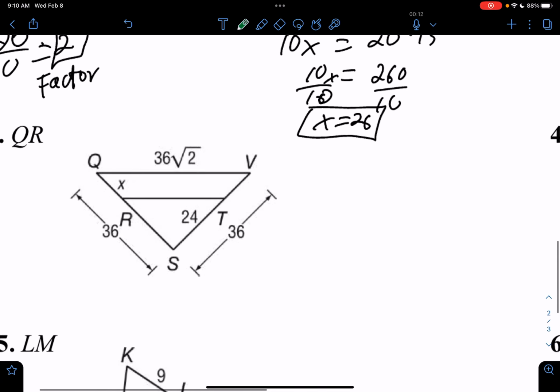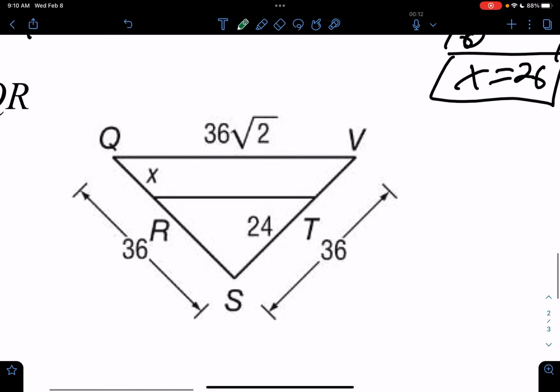Let's see over here. What do we have? Well, I can tell you this is a little bit too simple. And why is it too simple? Well, let me show you this. You see, you have a big triangle, and the big triangle over here is an isosceles triangle that we know.